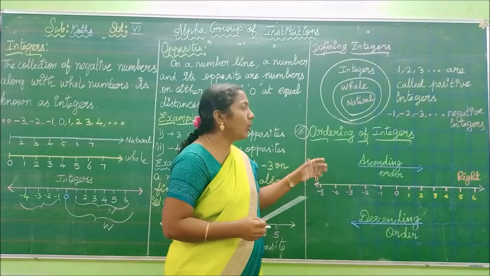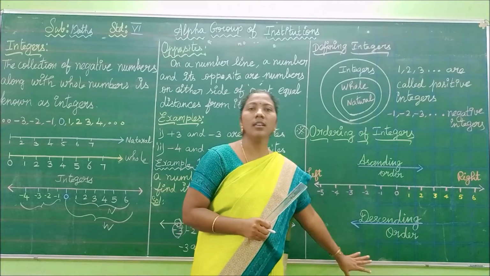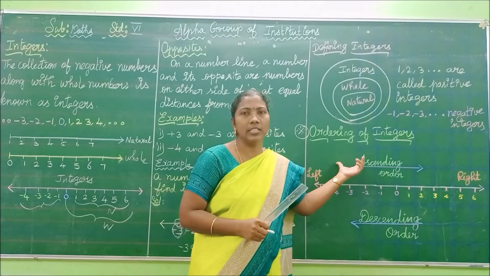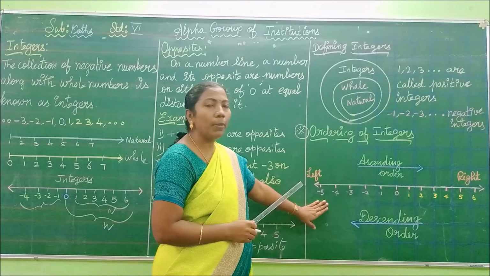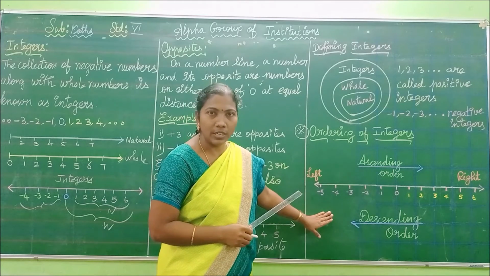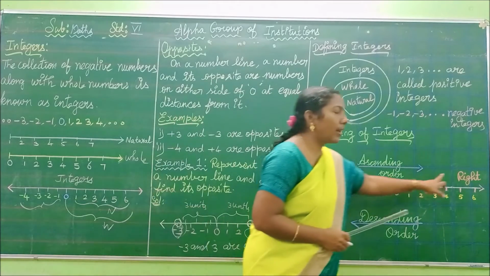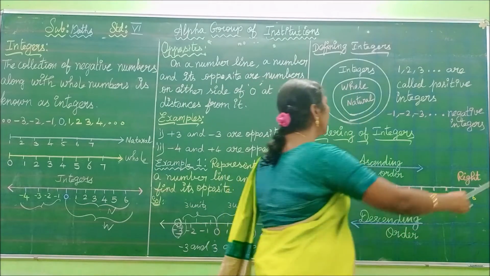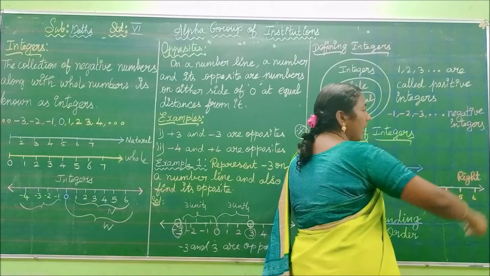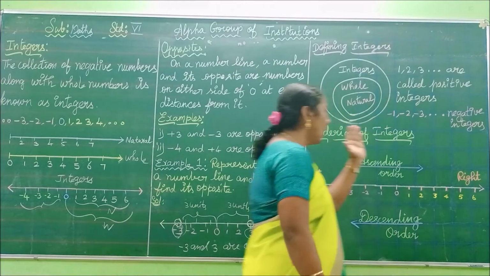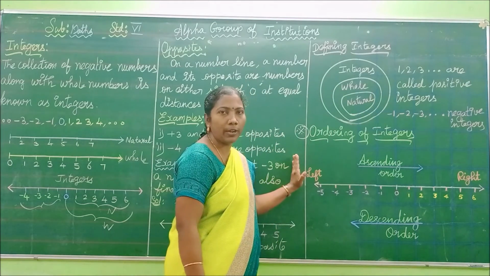Okay. Now we are going to see the ascending order and descending order among the integers. Okay. This is the number line representation of integers. See here, children, here I have written left and right. So by seeing this you can easily understand this is the right hand side of the number line and this is the left hand side of the number line. Do you understand, children?